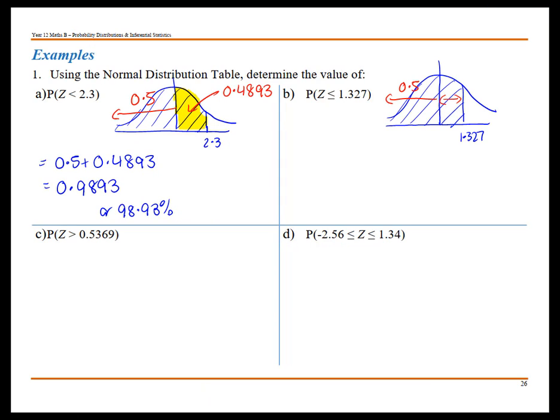Okay, so come back to here, and it's going to be 0.5 plus approximately 0.407. So I should put an approximate there. So that's approximately 0.907 or approximately 90.7%.